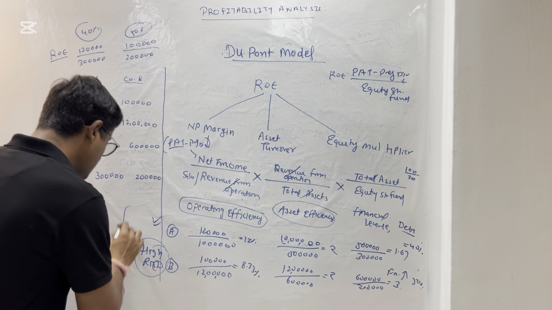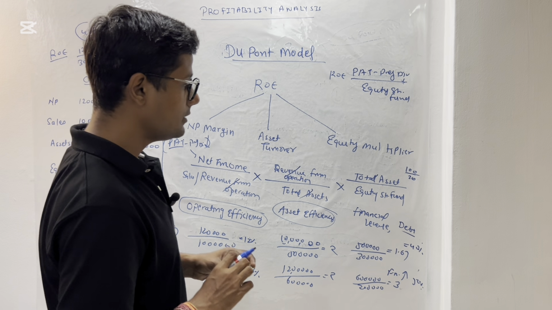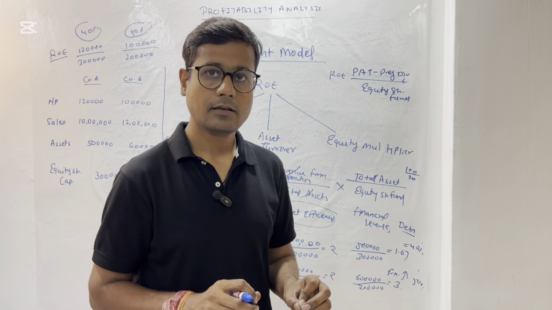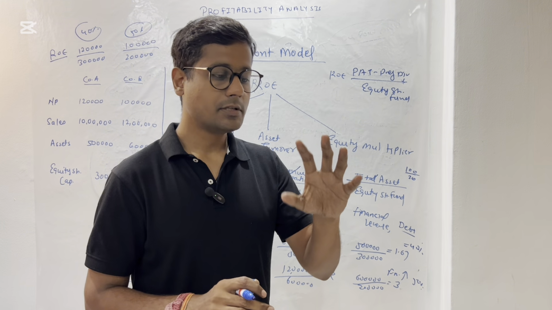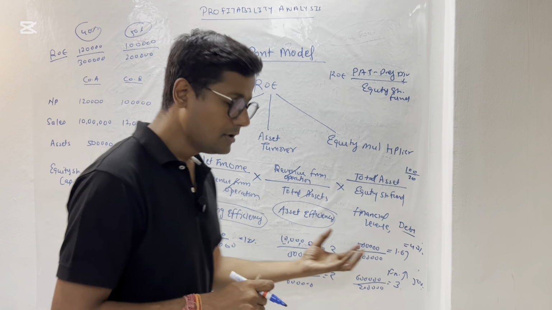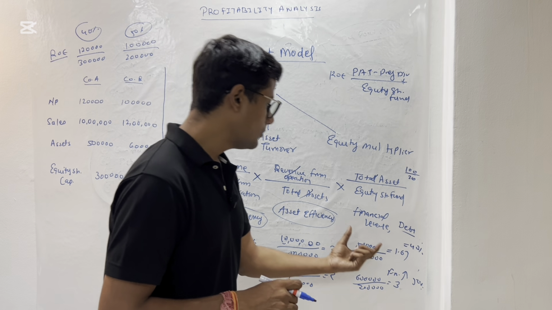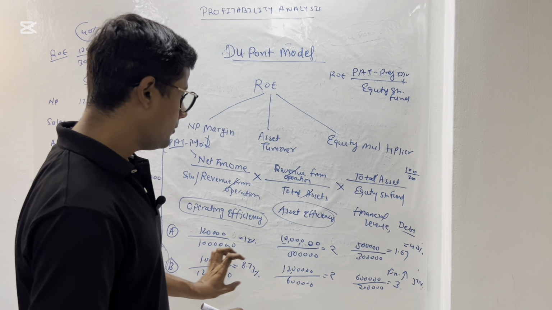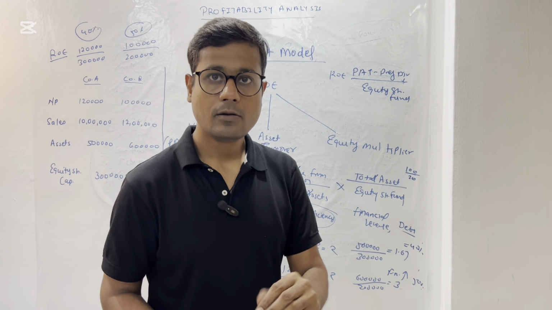So this is how DuPont analysis helps you analyze. On the top you will see ROE is more for company B, but when you dissect and analyze it in detail, you see which company is overall better. Company B is able to utilize its debt to generate more ROE.